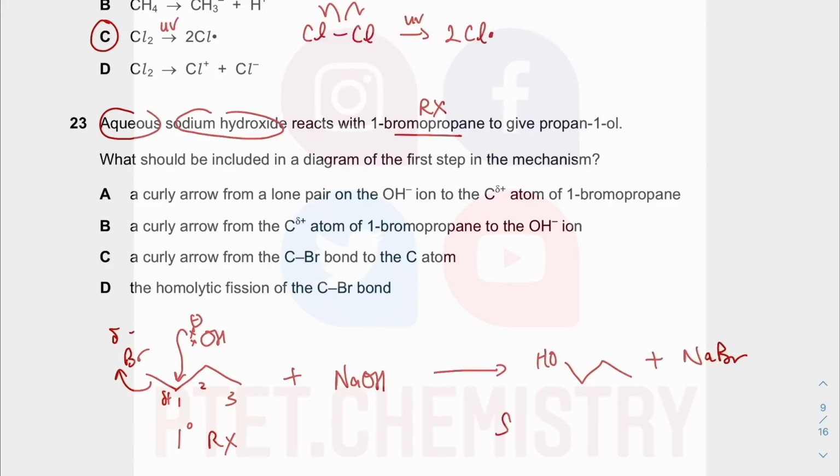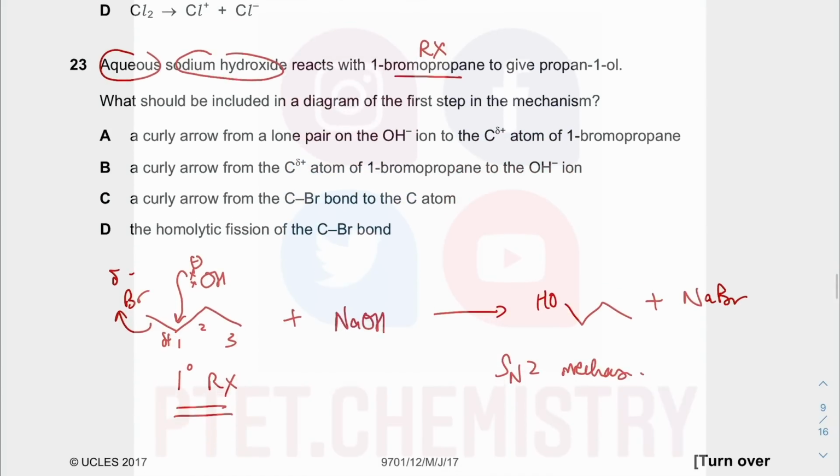This is a classic SN2 mechanism because you have a primary halogenoalkane. So the first step in that mechanism is going to be a curly arrow from the lone pair of the hydroxide, attacking the carbon delta plus, from the lone pair of OH minus to the carbon delta plus. Okay, so that's correct.